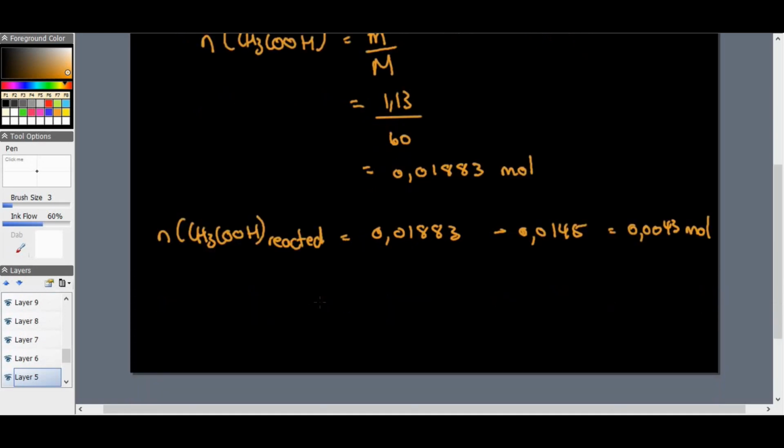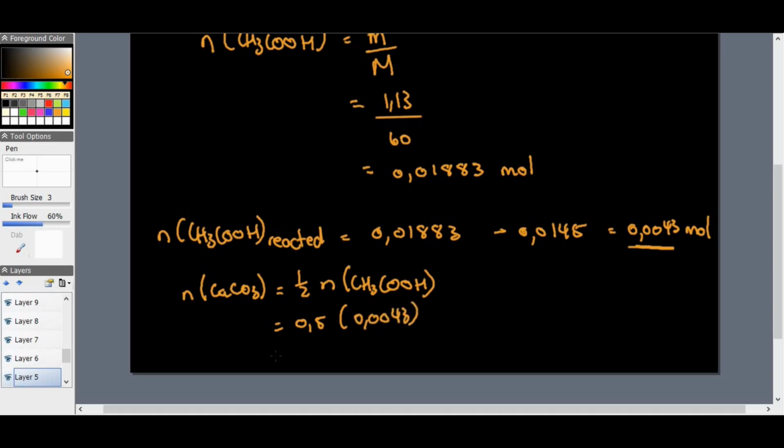The amount of moles of CaCO3 is equal to half the moles of the ethanoic acid that reacted. So we take 0.5 times 0.0043.